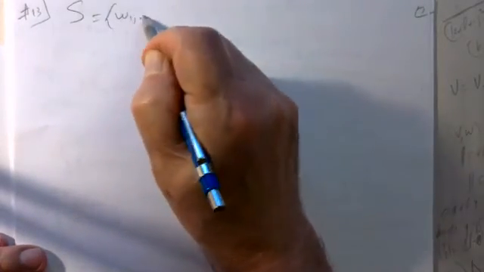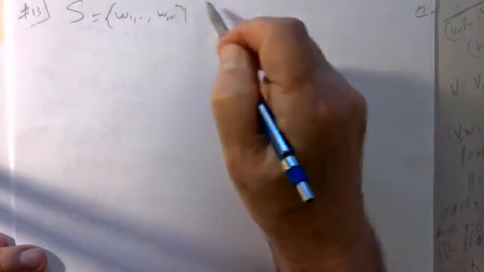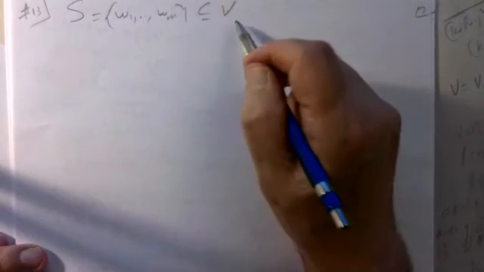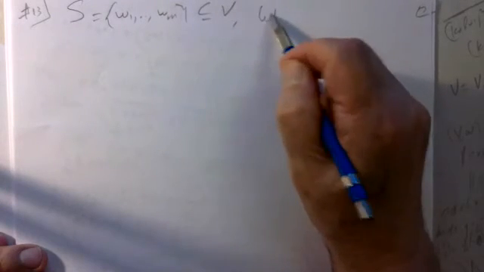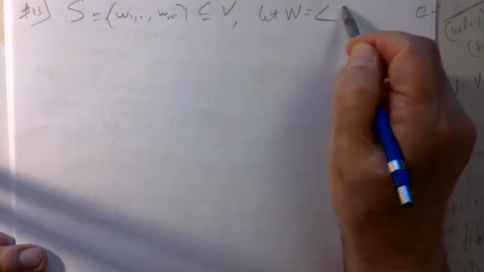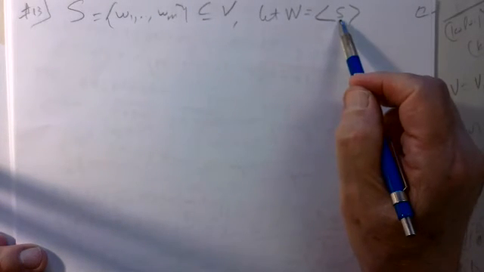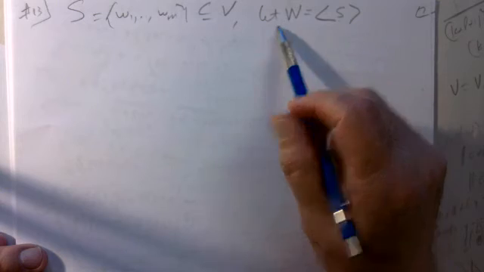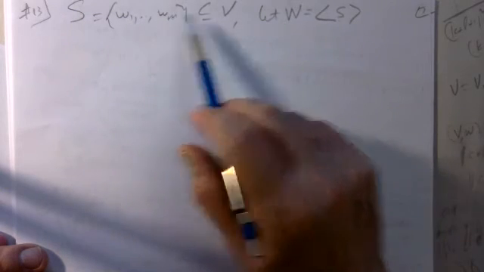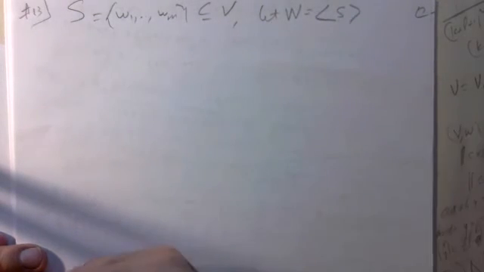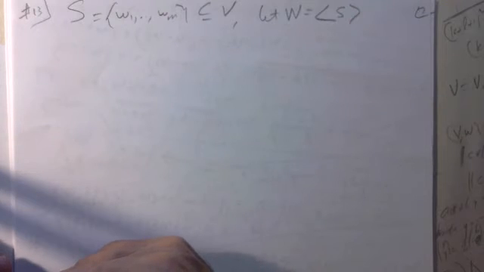So we have S, a set of m vectors contained in a vector space V, and let W be the subspace generated by S. This means the smallest subspace of the vector space that contains these m vectors, which we know is the set of all linear combinations of these vectors.